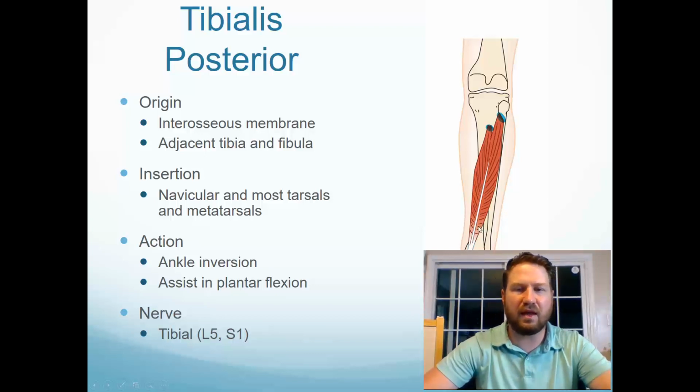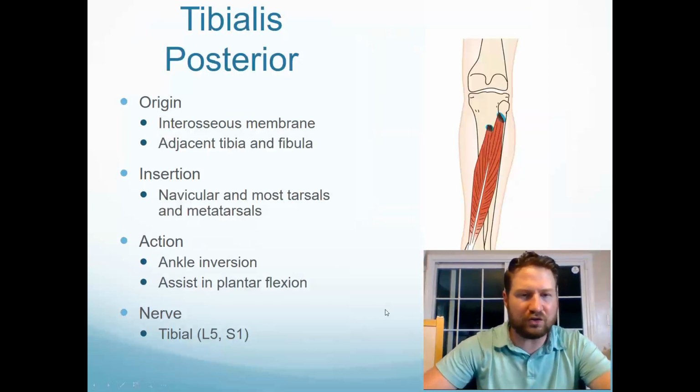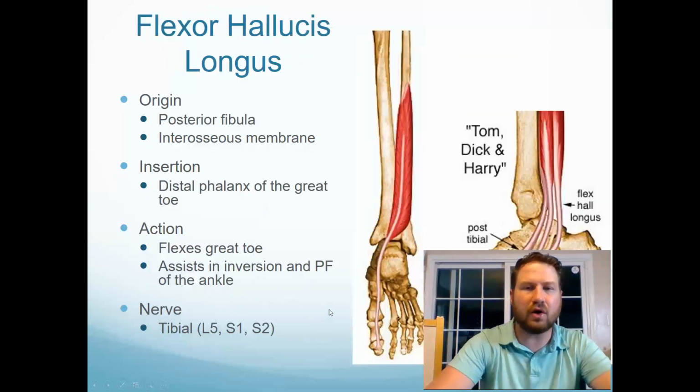And so it wraps around the medial malleolus and goes and inserts on the navicular and most tarsals and metatarsals. So it has a wide insertion. Okay? It creates ankle inversion, and it also assists with plantar flexion as well. Okay? You can also write in: dynamically stabilizes longitudinal arch.